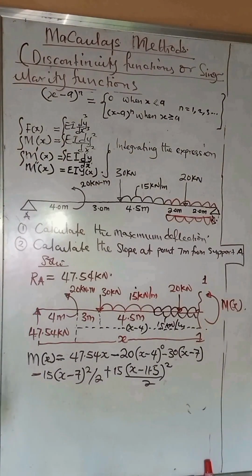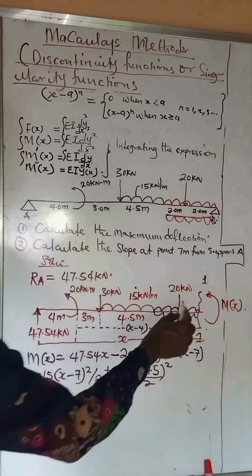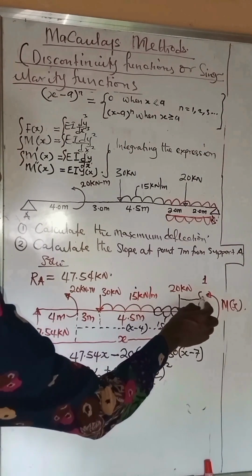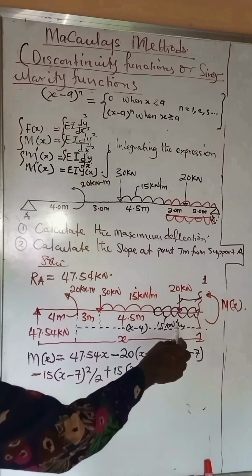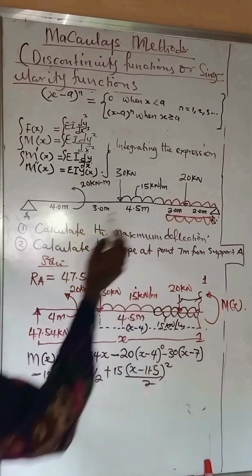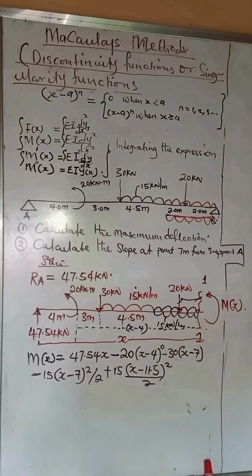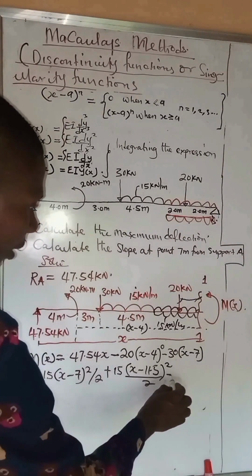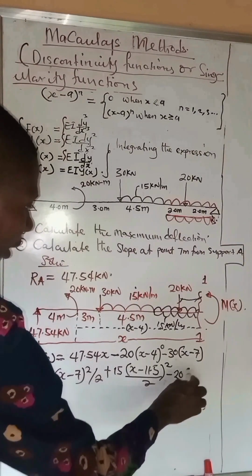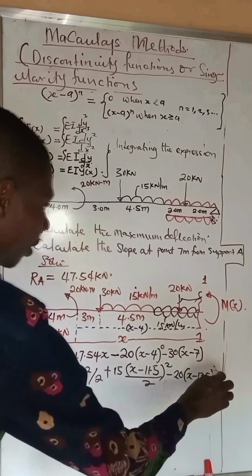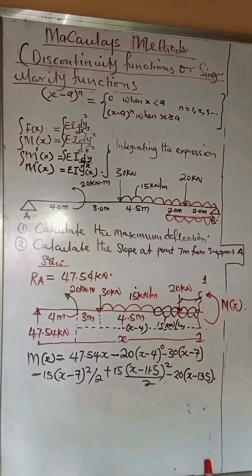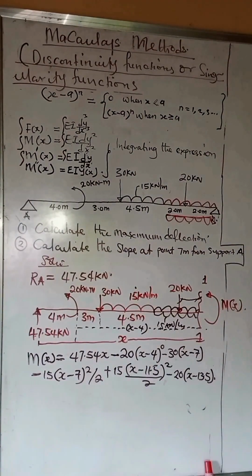All right. Then we have this 20 kilonewton point load. The distance from here to this point, if the whole of this is x, becomes x minus, where is it acting? It is 13.5. So it becomes minus 20 bracket x minus 13.5. Okay, so that is the moment expression for this last zone.